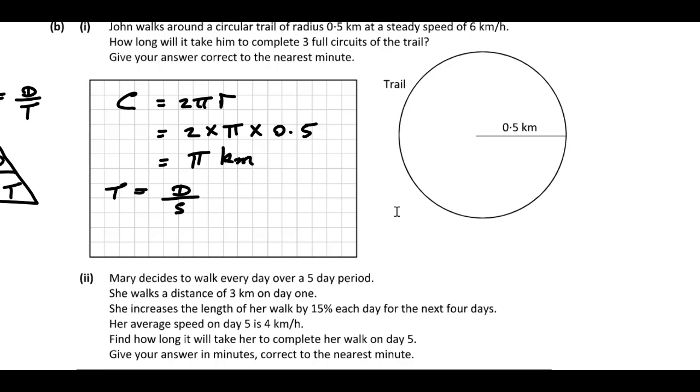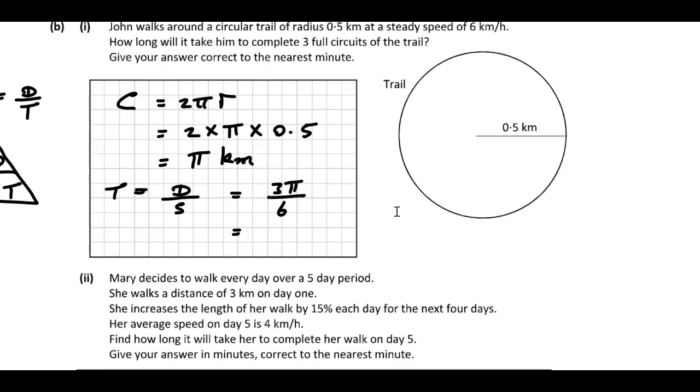So in our particular case, he completes 3 full circuits, so he completes 3 pi in total, and his speed is 6. So that's going to be 3 pi over 6, or pi divided by 2. You can do that on your calculator anyway.